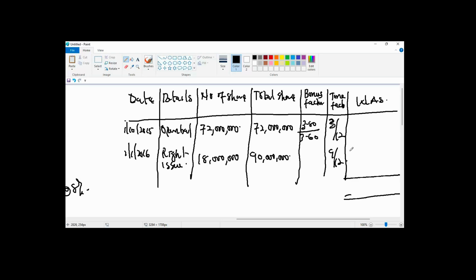So I will now multiply 72 million times 3/12 times the bonus factor, and that gives 19 million. Okay, good.